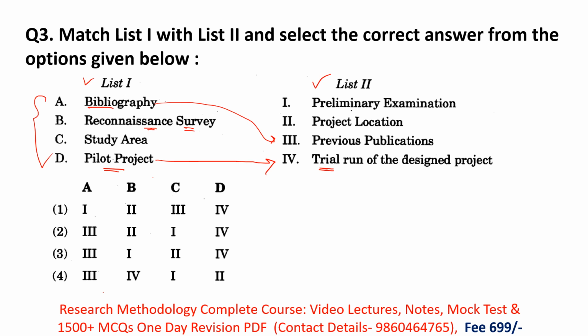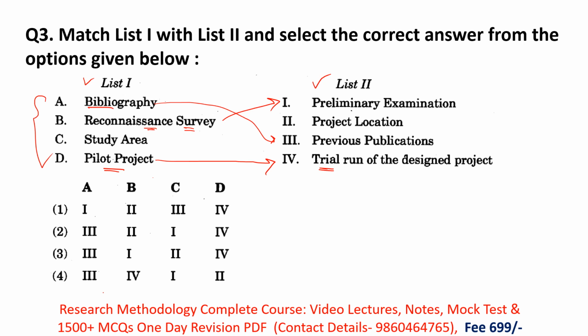They analyze and examine a proper land with the help of maps. So in a reconnaissance survey, researchers do preliminary examinations. That's why a reconnaissance survey is a preliminary examination. With the help of maps and pictures, we examine a particular area, a particular land.